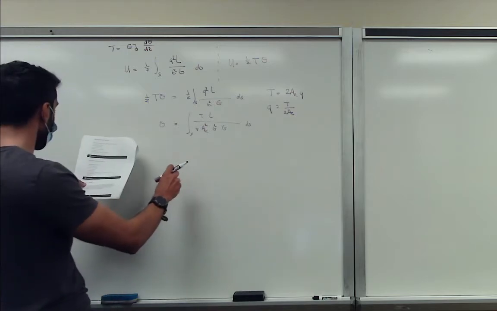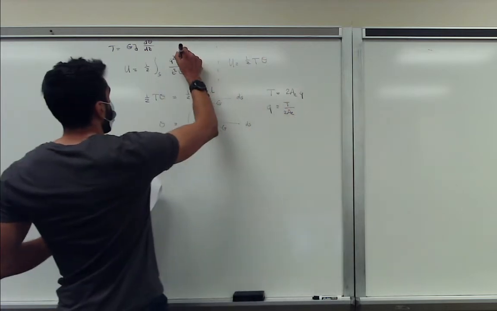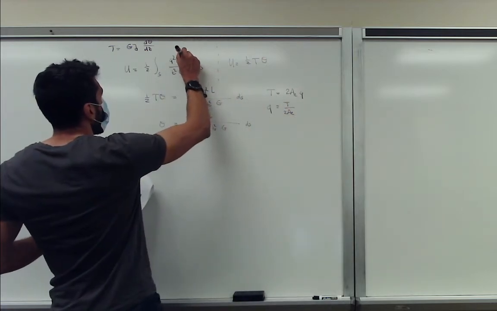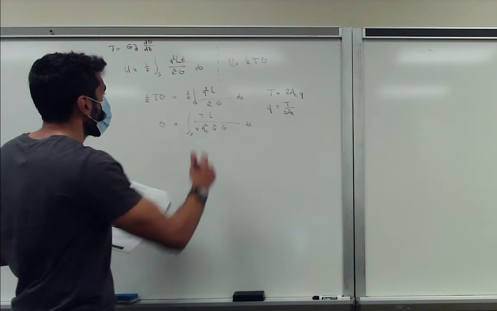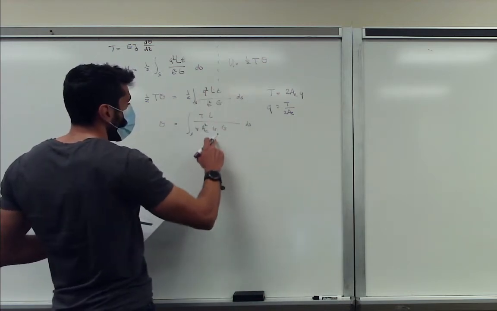Let me see which step that was. When I went to the surface integral, I forgot to add a T here, by the way, because the thickness is important. So we actually have a T here. So 1 T drops out here as well.